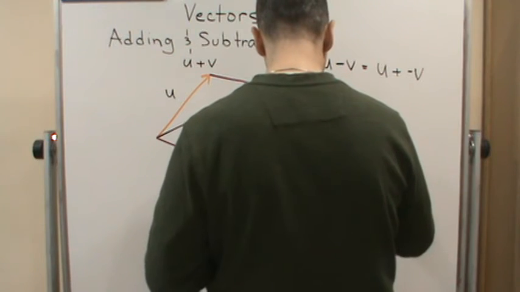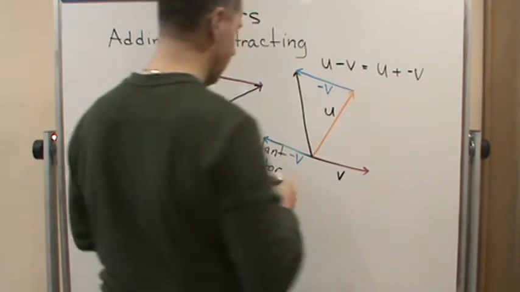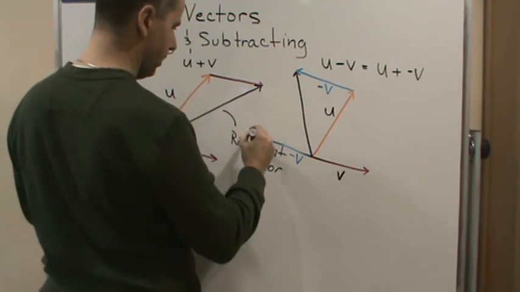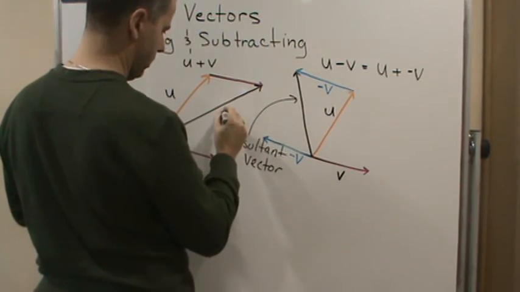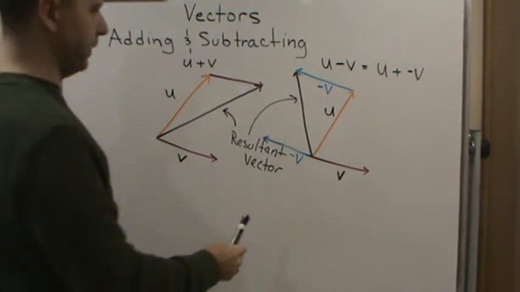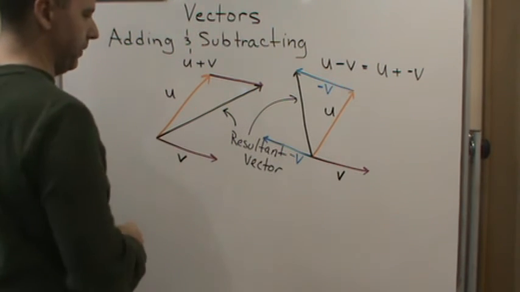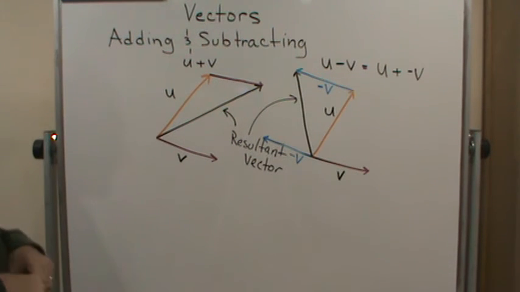And so it would look like this. Like that. And so this would be the resultant vector. So this would be subtraction, if you will, and this would be addition. Okay, and so that is what we're going to do in a lot of the examples.